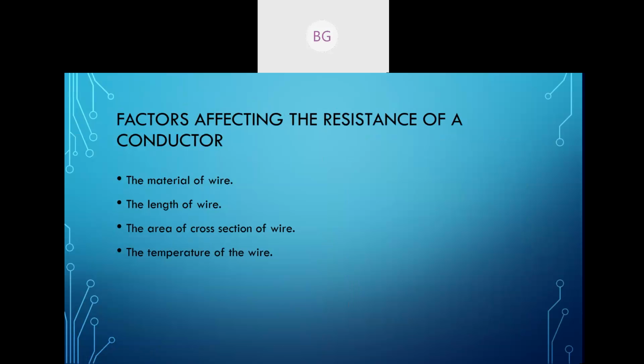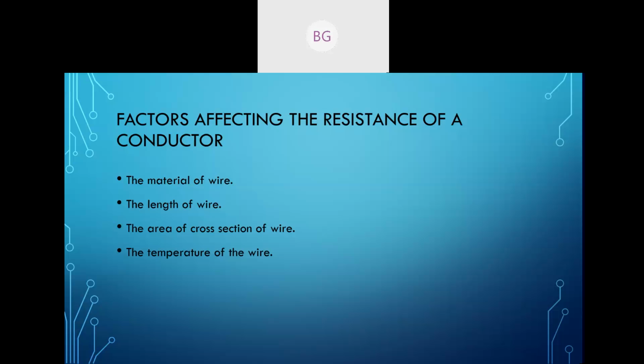We have different types of materials, like copper, aluminium, steel, wood, plastic. Few will allow electricity to flow through them and few will not. When we say copper or aluminium, these metals will allow electricity to flow through them. So we can say that these materials have low resistance, that is, the opposition to the flow of electrons is less.